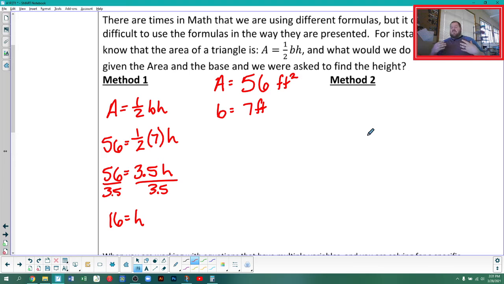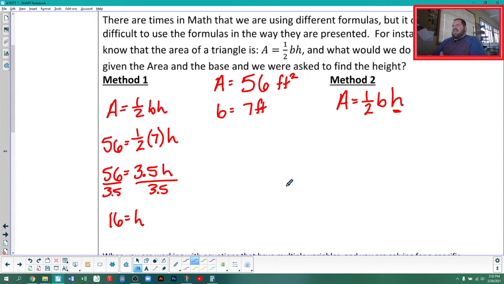So again, we were given this scenario where we want to find the height. In this second method, we're going to use what's called solving the literal equation, where we want to solve this equation for the height. We're going to solve it with variables first, and then just plug numbers in.